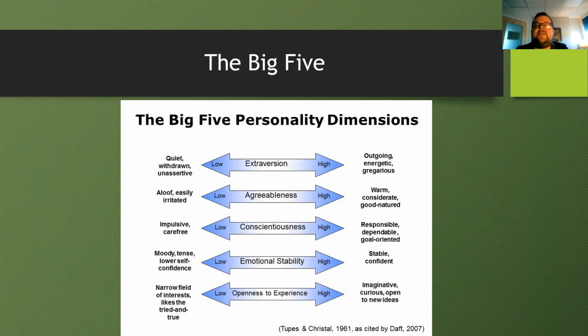And again, this is a trait theory, so there's very little understanding in the theory as a whole of what causes these traits or what allows these traits to grow and develop. There are no doubt ways that this has been combined with other approaches, and there's a lot of research on the Big Five out there.